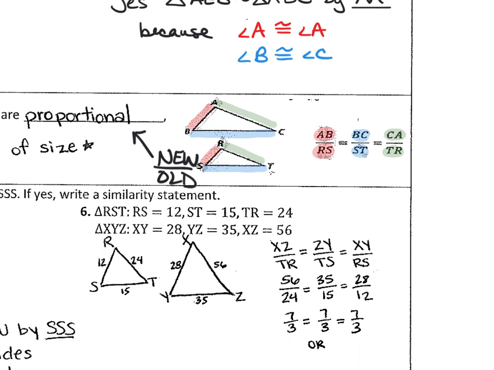You are setting up a triple proportion here. If you do this triple proportion and you find all of these numbers either in fraction form or in decimal form, and they're all 3 the same exact number, meaning this number does equal this number and the blue number does equal the green number, if those are true and they're all equal, you can say that they're similar by side, side, side.